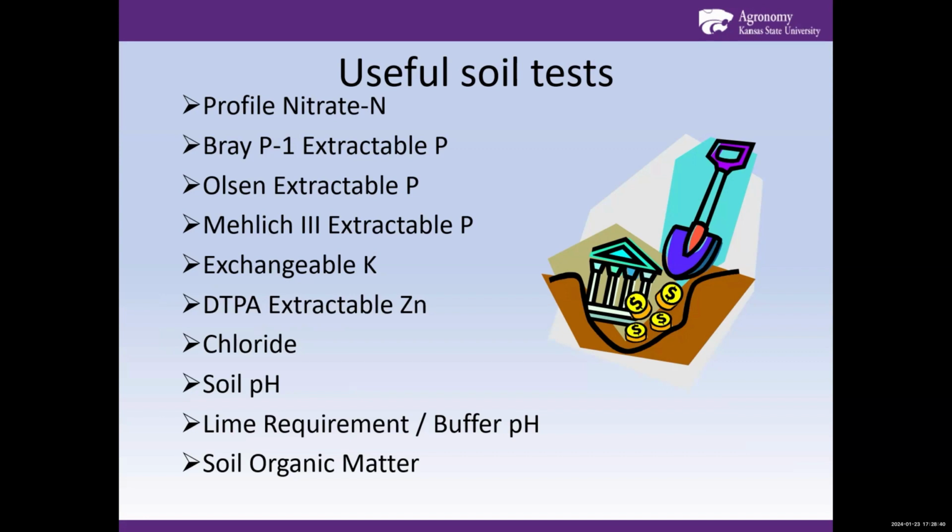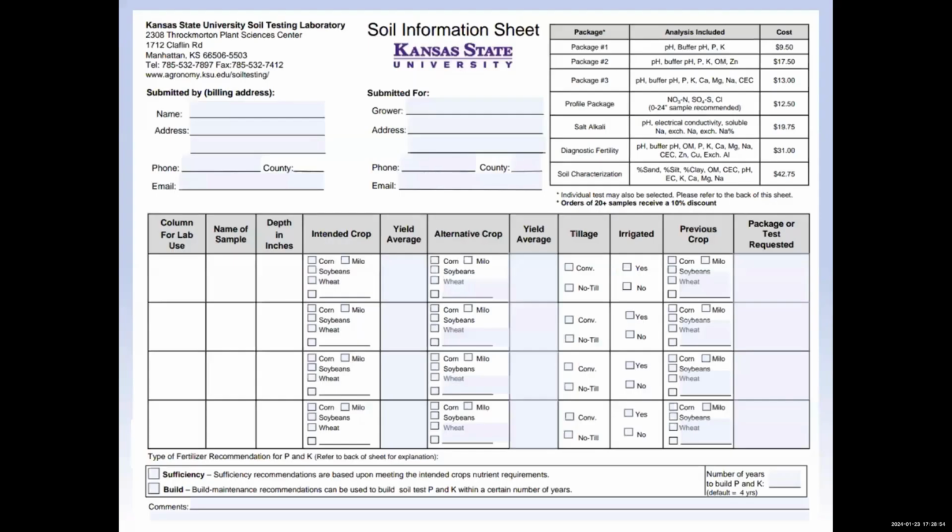Like I said, soil pH, and anymore, we're starting to see lower pH can be more of a concern in this part of the world. So lime requirements and organic matter. This is just an example of what our sample check-in sheets are and what K-State packages we have available.